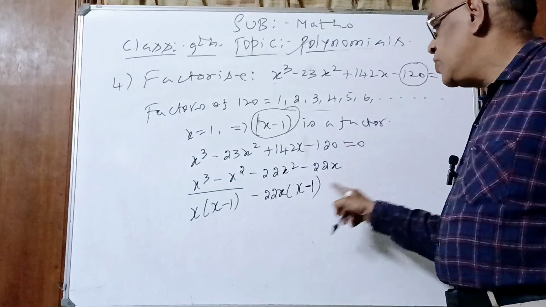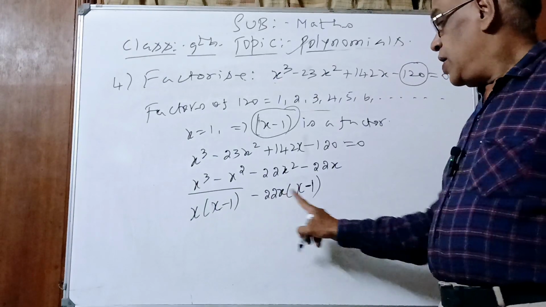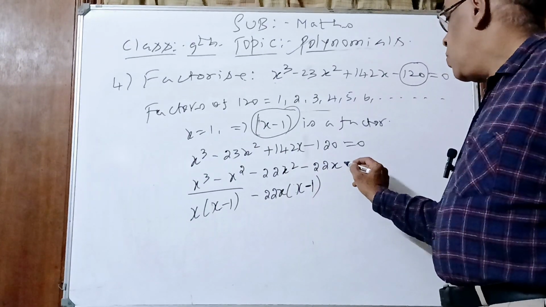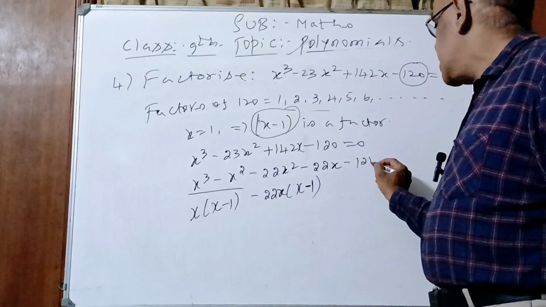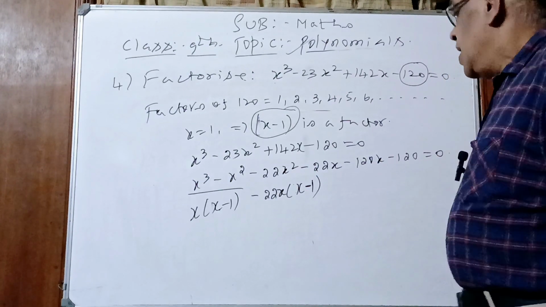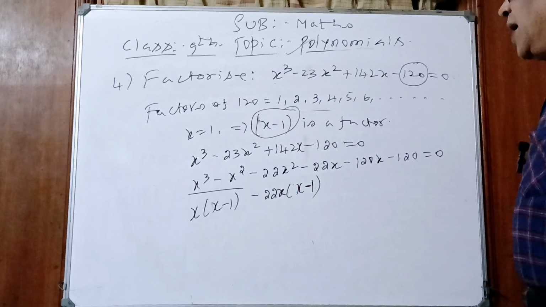See, blindly I have written 22x. Where did I get 22x here? I have split 142 as 22 and 120x minus 120. Understood, children? Yes or no?